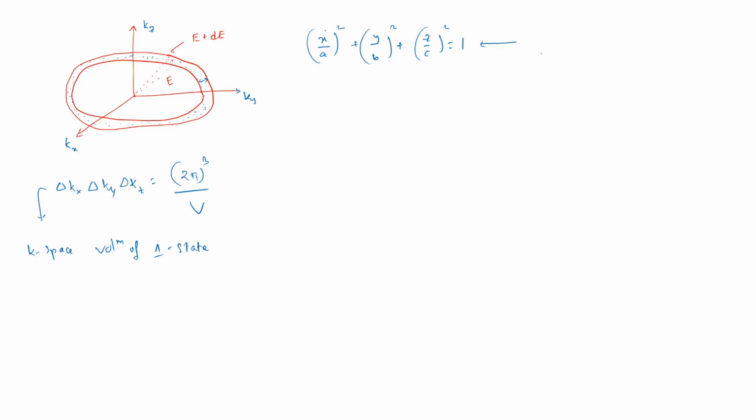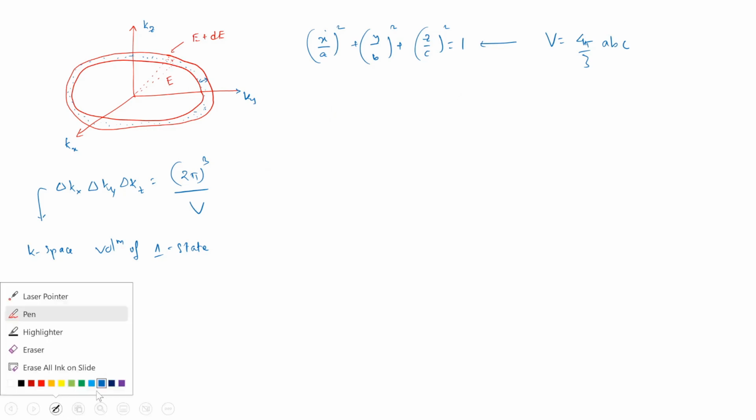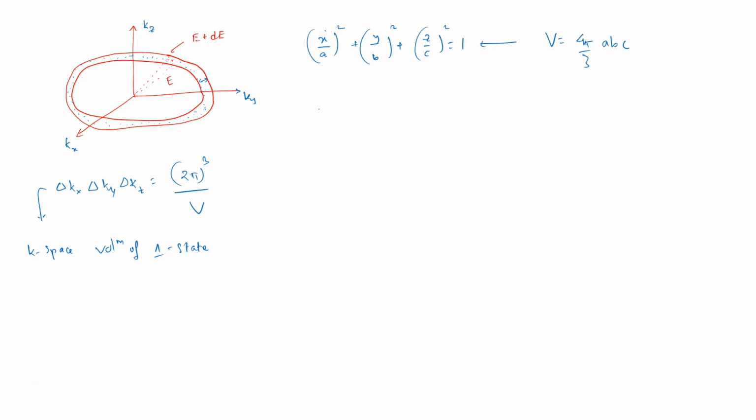If this is the ellipsoid, then the volume will be given by 4 pi by 3 abc. What a, b, and c would be for this ellipsoid, we can get from the dispersion relation. The energy is given by h bar square by 2 times kx square by mx plus ky square by my plus kz square by mz.